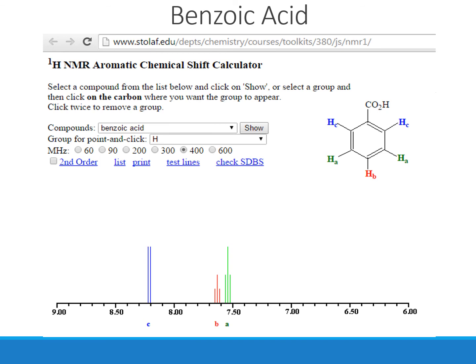If you enter the number of the compound and the kind of nuclei you want to investigate at different hertz, you will be able to get the spectrum.